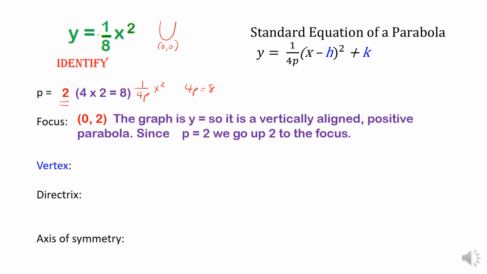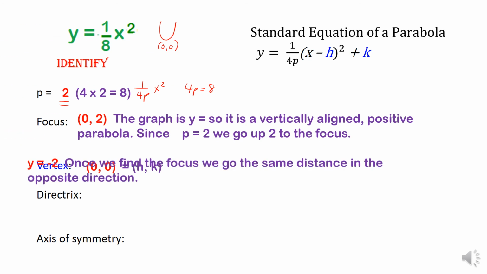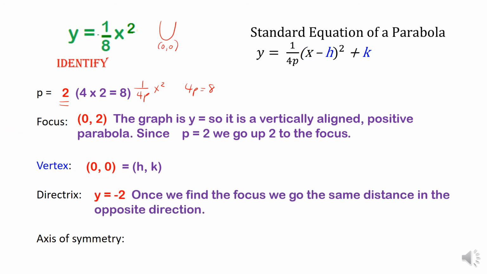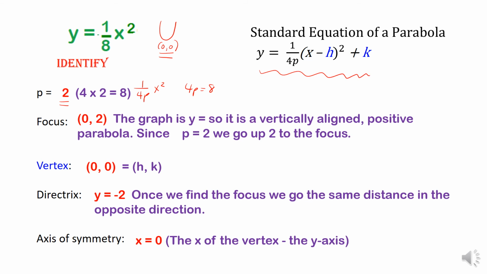All right. Then the vertex, we already figured that out, is 0, 0. The directrix is go down 2 from the vertex, y equals negative 2. And then the axis of symmetry is x equals 0. So these are all the kind of things. This one happens to be a 0, 0 vertex, but remember, if it's more complicated, it will have that form.